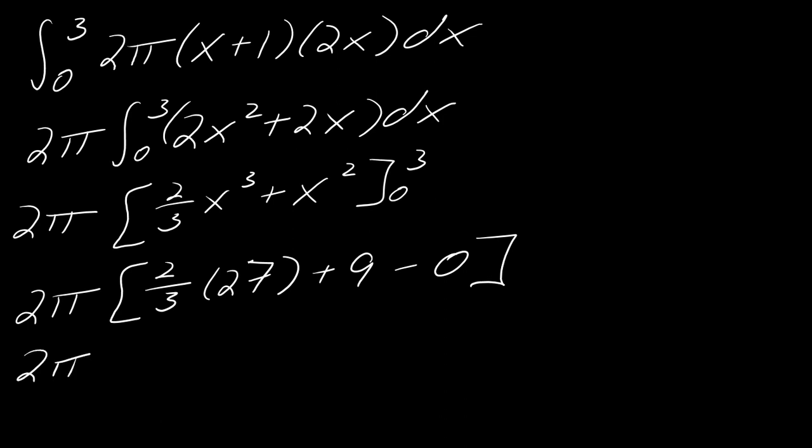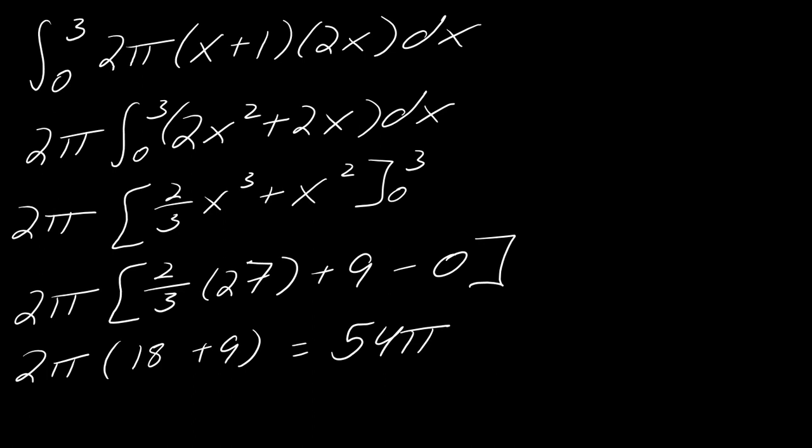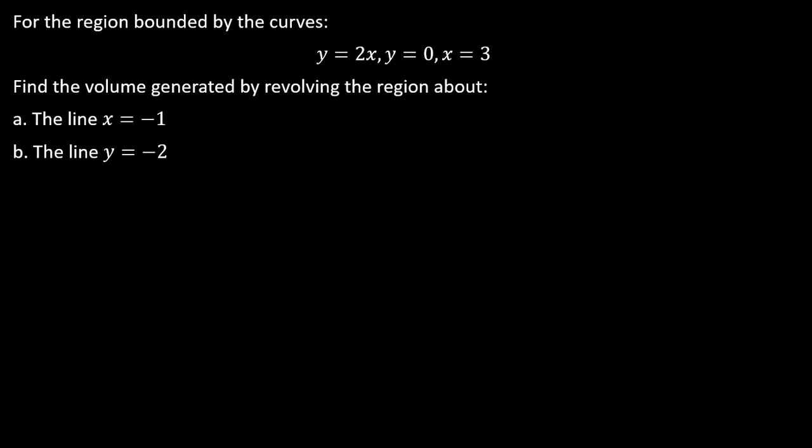So that'll be 2 pi times 18 plus 9, so that's 2 times 27, 54 pi is what I get. Okay, so now let's contrast that to rotating the same curve around the line y equals -2.